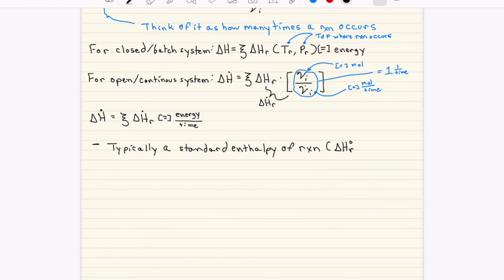When you see it reported, it's just the enthalpy of reaction for some reaction at some reference temperature and reference pressure. The way I'm going to write it in the lecture notes is T of R and P of R.